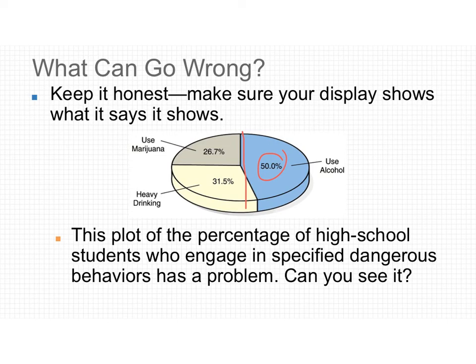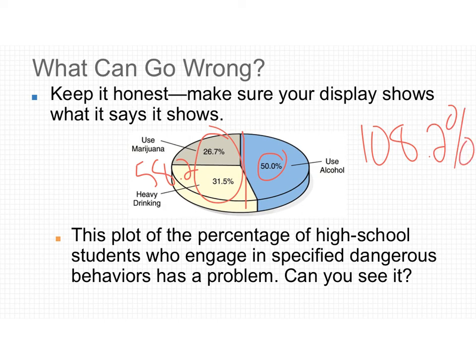Then if you add up all the percentages, we have 50 over here, and if we add those two together, that gives us 58.2%. So in total, we have 108.2%. Well, that's more than what the total population should be, since the representation should be 100%.